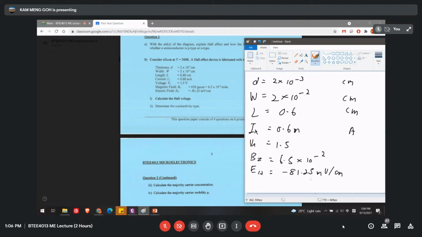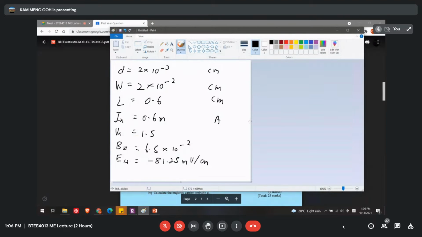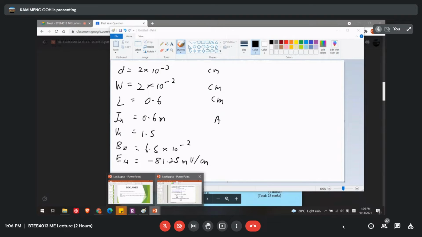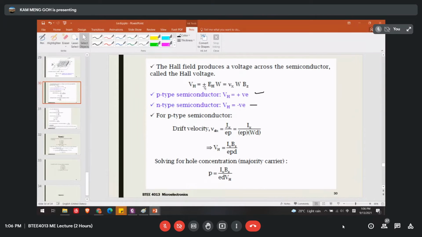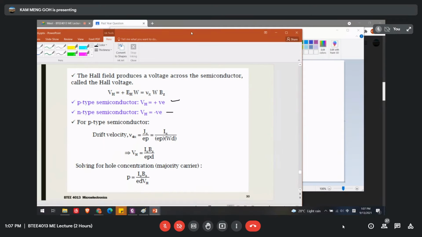For the first part, it asks you to calculate the Hall voltage. To calculate the Hall voltage, you need to use the right formula, which is EH multiplied by W. Or you can use the other way, with IX.